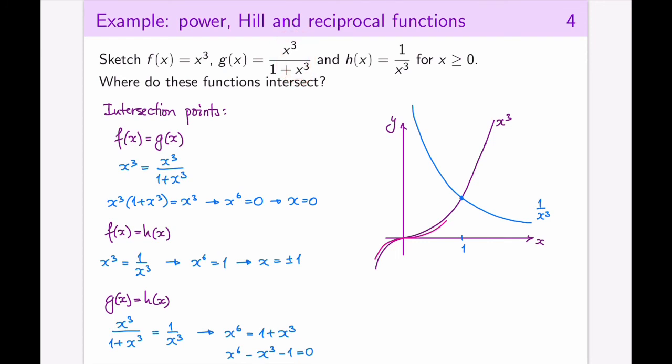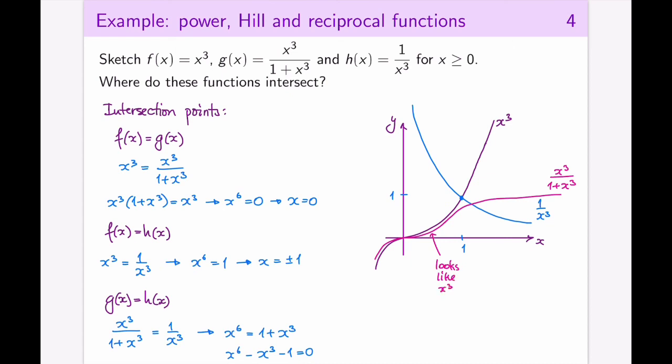So because this point where the graphs intersect was at (1, 1), I know that eventually my graph here will actually approach the horizontal asymptote that is at 1. So this will be x cubed over 1 plus x cubed.